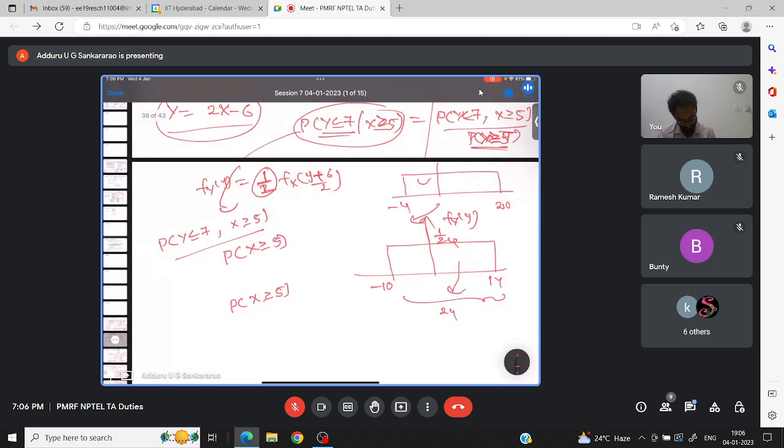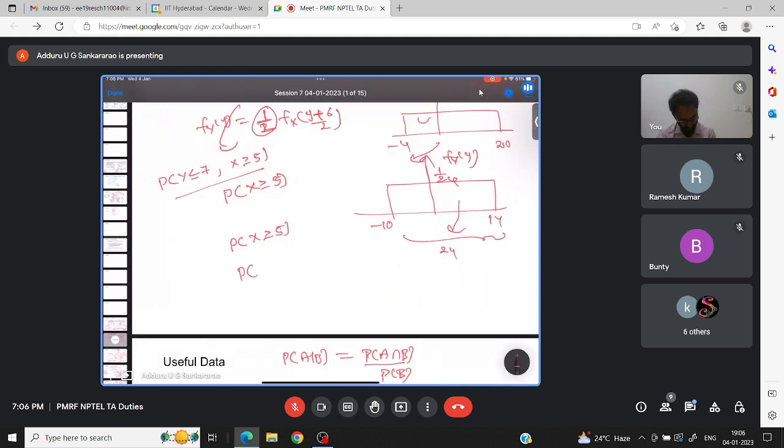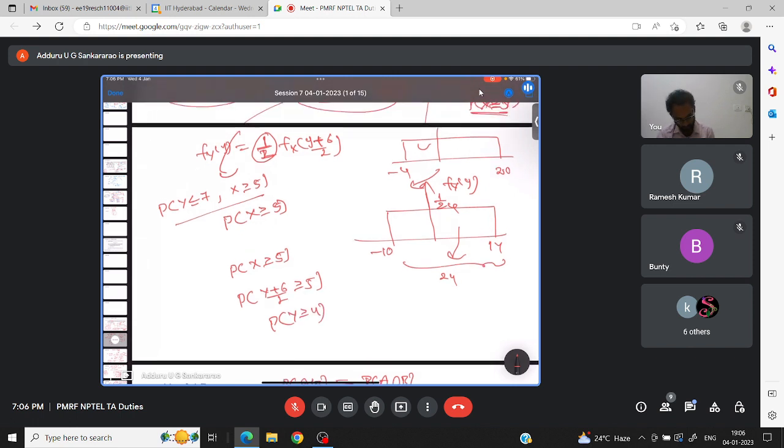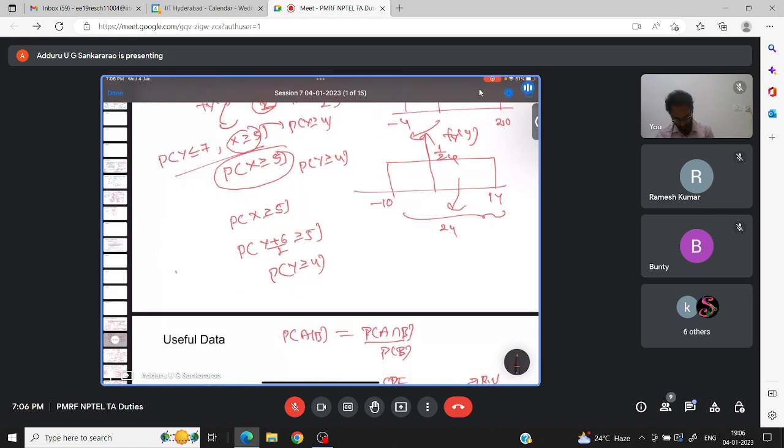Same thing I am writing: probability of y plus 6 by 2 greater than or equal to 5. So probability of y greater than or equal to 4. That means probability of x greater than or equal to 5 is nothing but probability of y greater than or equal to 4. So now what can I do?